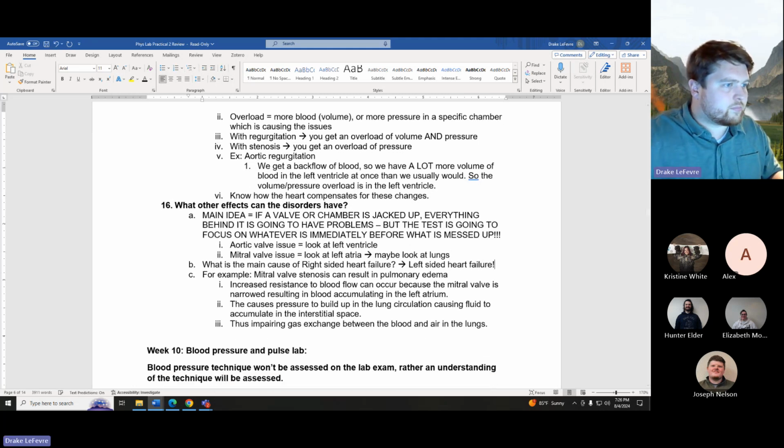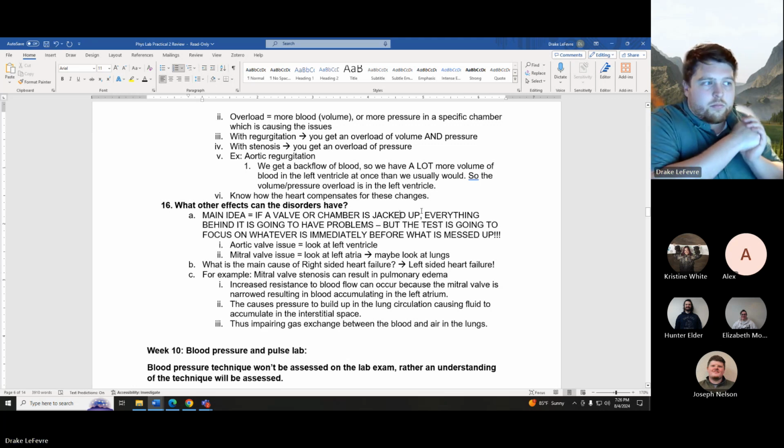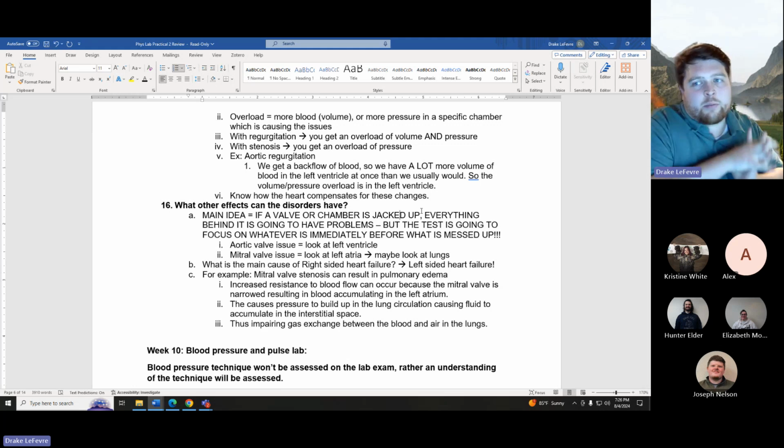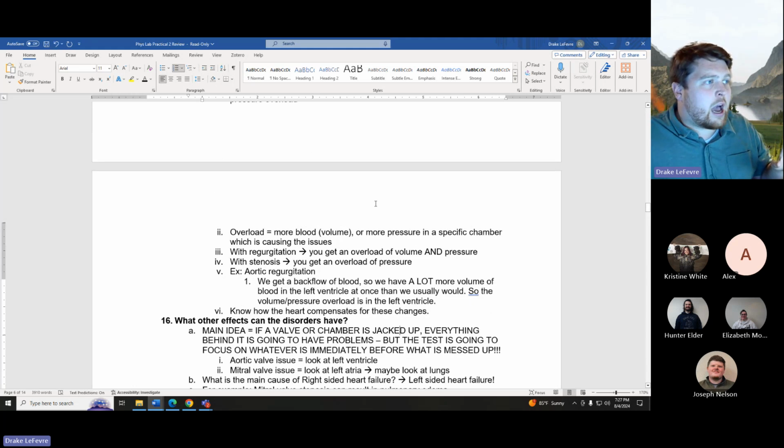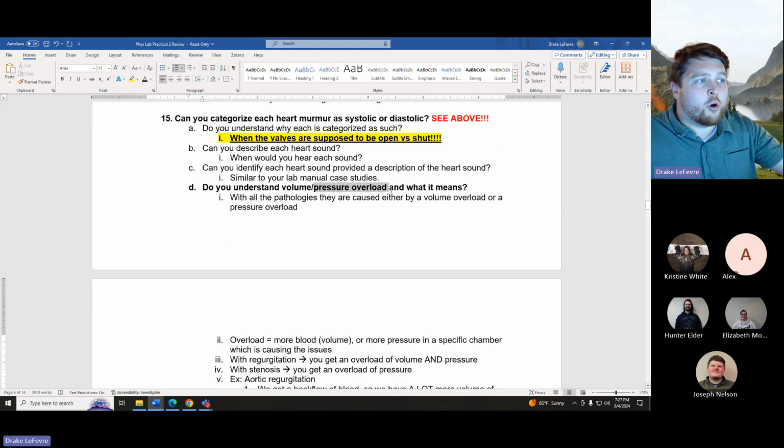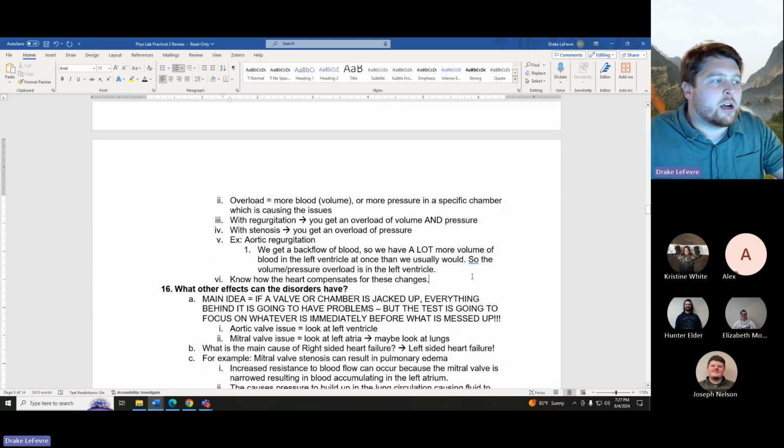So all of this, does all of that make sense? This is the big idea. If you understand this big idea, and if you understand, like, hey, we're going from pressure system to pressure system, high pressure to low pressure, consistently. And if we mess up our pressure, or we have too much pressure in one spot, it's going to cause things to go the wrong way.